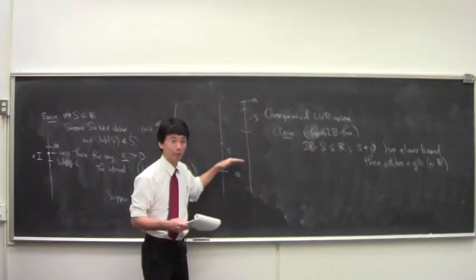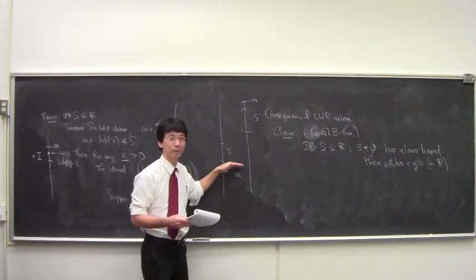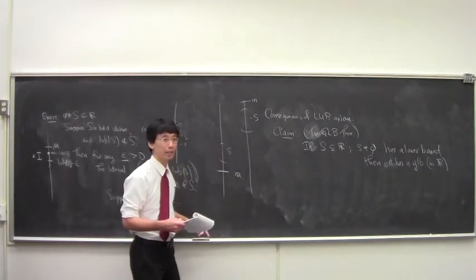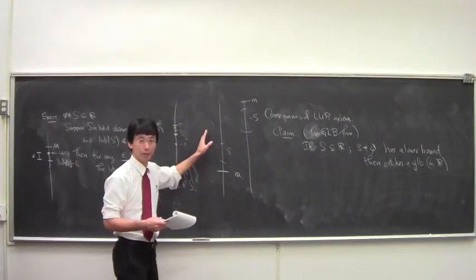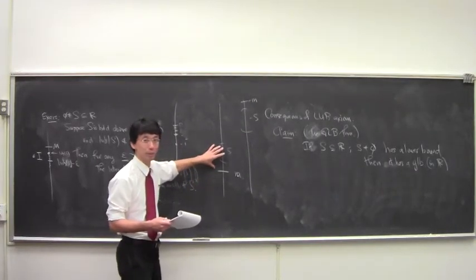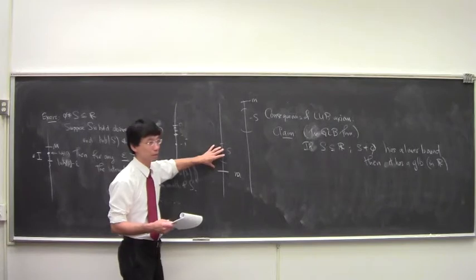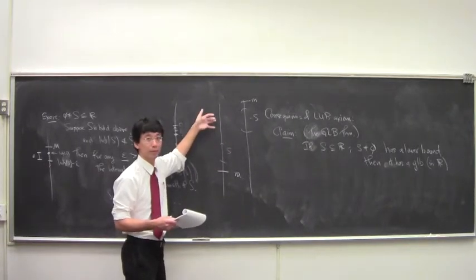Flip that guy back, and that will be your greatest lower bound. So the idea is simple: I want to use my previous statement, so how am I going to do it? I'm going to flip it over.